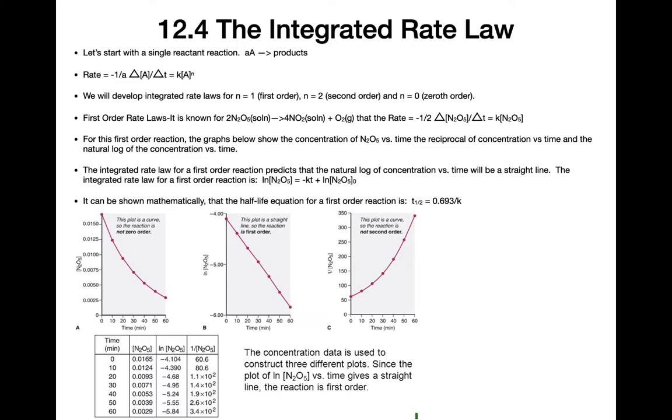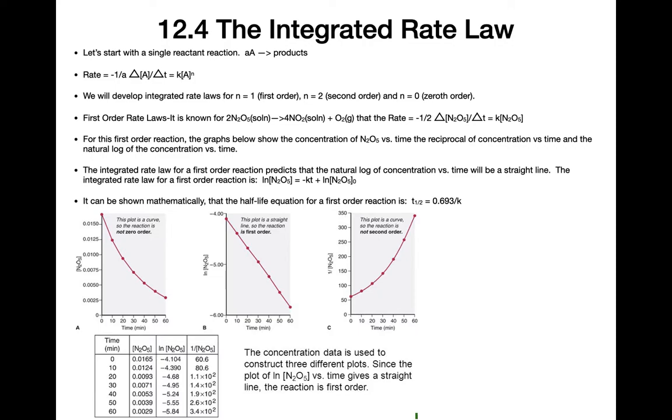So 0.693 is actually the natural log of 2, and that's why it's a constant 0.693. So by using your formula, you could derive this. It's kind of fun to do, but you could derive what would be t if N2O5 is half of N2O5 at time 0. That'd be called the half-life.